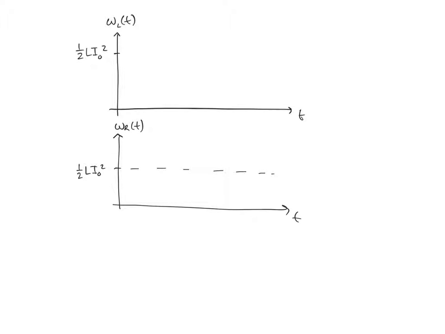Okay, I thought we could visualize what we're talking about here. So the initial energy stored in the inductor was what we called 1/2 L I naught squared. So that's shown here, it's the red dot. We're going to plot the energy stored in the inductor as a function of time. Looks like this function. So this function works out to be 1/2 L I naught squared times e to the minus 2t over tau.